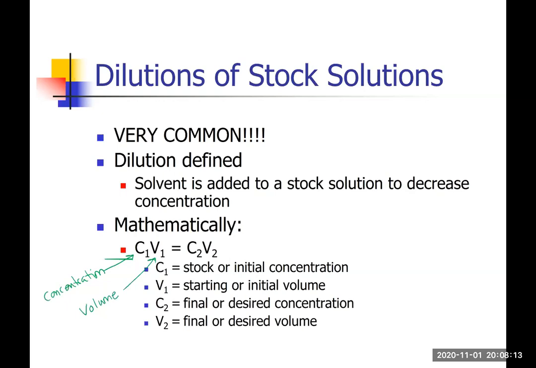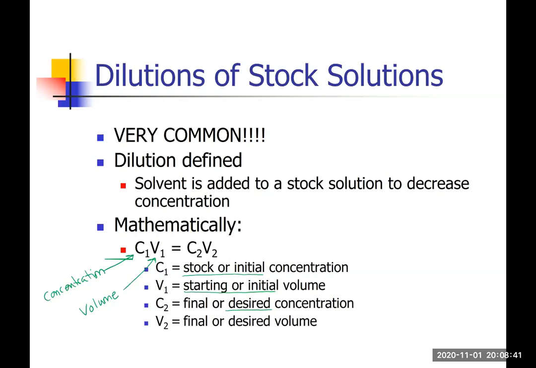C1 is usually the stock, or what we consider to be the initial concentration. It doesn't have to be, but that's typically the way we look at it. And V1 then is going to be the volume of the stock, or that initial solution that we have. C2 is usually the final, or what we would call the desired concentration. So we have a stock, that's C1.